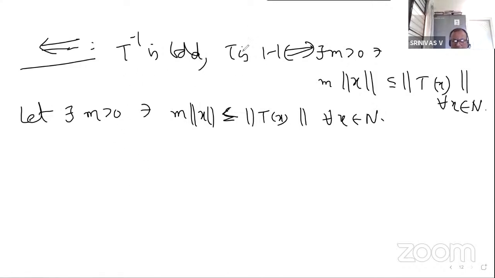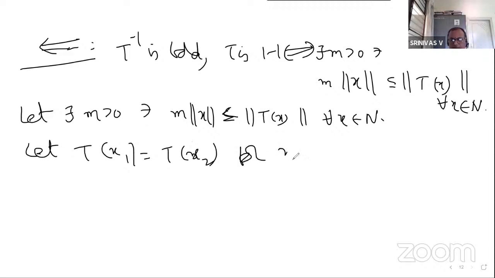Okay, to obtain 1-to-1ness, you assume images are same. Let T of X1 be equal to T of X2 for some X1, X2 coming from N. Two elements X1, X2 in N, assume their images are same. If we can obtain X1 equal to X2, then T becomes 1 to 1.